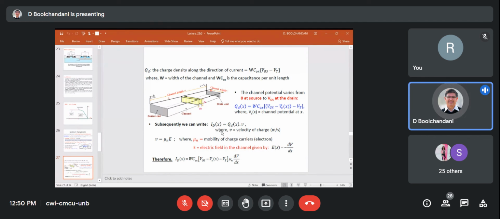To find the current in the channel region, you multiply the charge density by its drift velocity, where v is the velocity of charge in meters per second. So current is charge density multiplied by the drift velocity, right? The drift velocity is the mobility multiplied by the electric field. Mu n is the mobility of the charge carrier, and E is the electric field in the channel, given by the gradient of the potential, that is minus dV by dx.